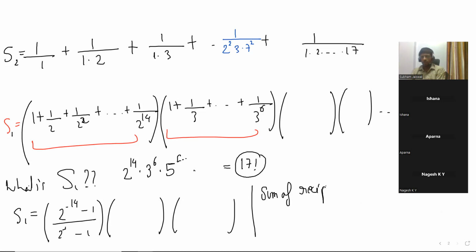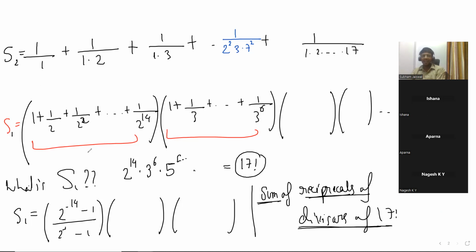Take the divisors of 17 factorial, take their reciprocals and take the sum. That is S1. You know that is true.